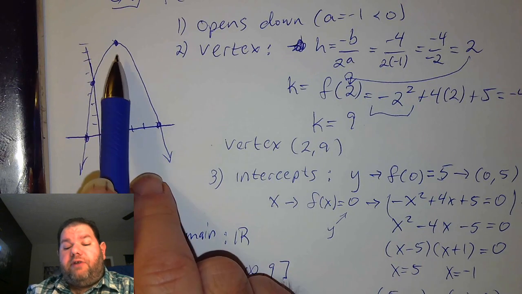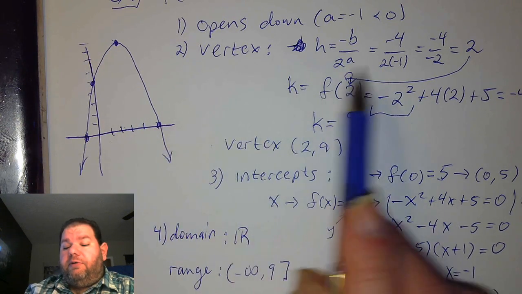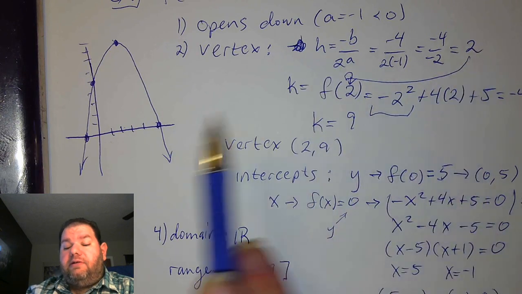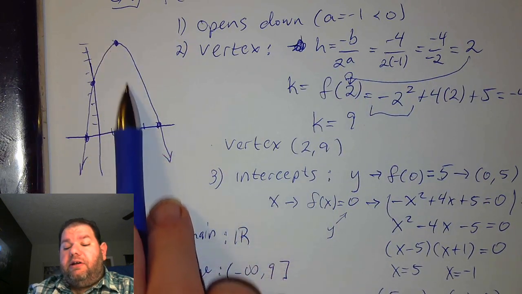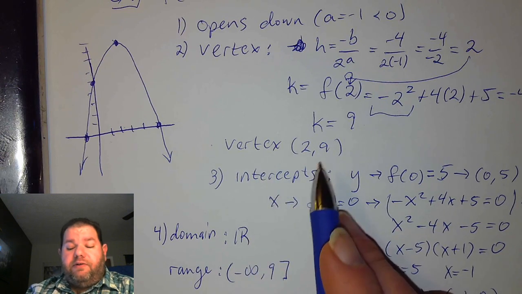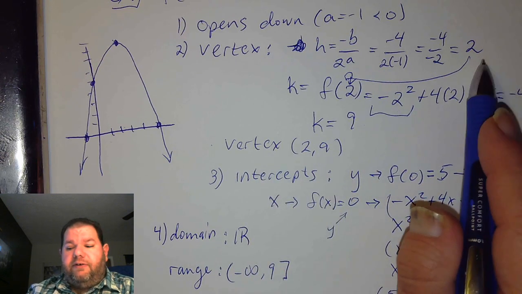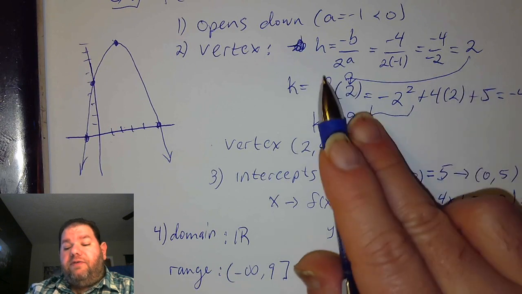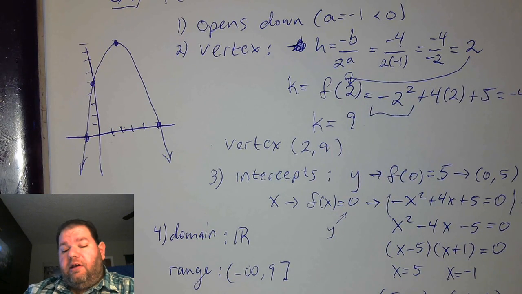It actually goes right through that vertex, and we would say it's x equals 2 is the equation of that line. In finding the vertex, we already found the axis of symmetry. That's what the h value specifically represents. But I'm not going to worry about that, because in general, I've been skipping the symmetry aspects of this course. It's not as important as this book makes it out to be.